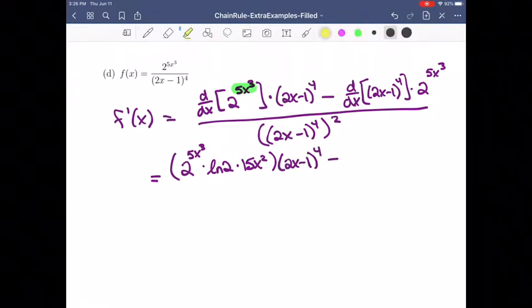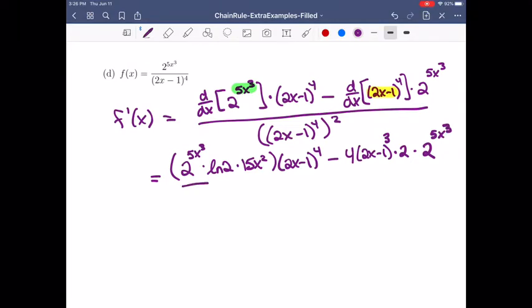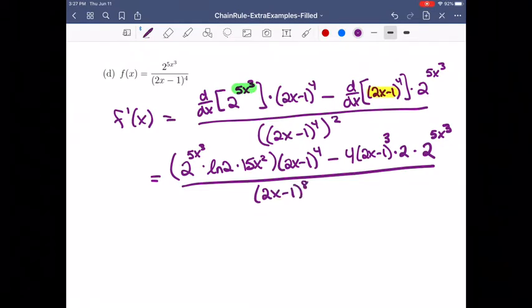And then over here, my inside function is 2x minus 1. So the derivative of something to the power 4 is 4 times something to the power 3, times the derivative of the something, which is 2, and then times the original function. And when I square the bottom, it's actually going to be (2x minus 1) to the 8, so I'm going to multiply those exponents.